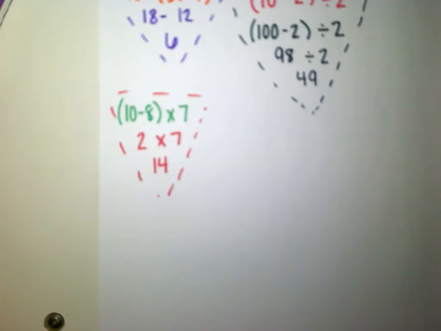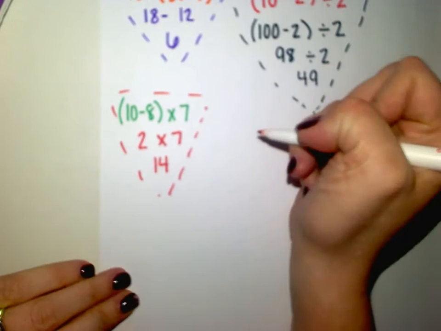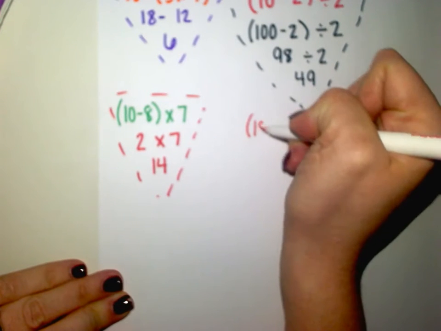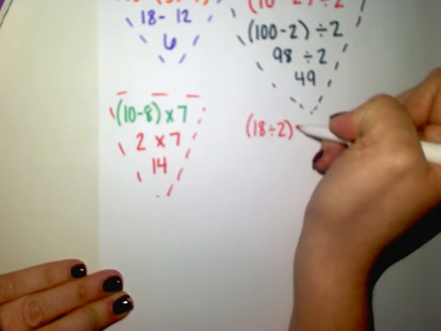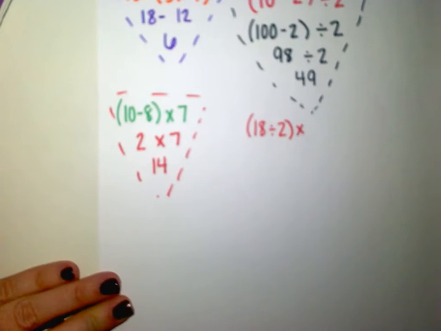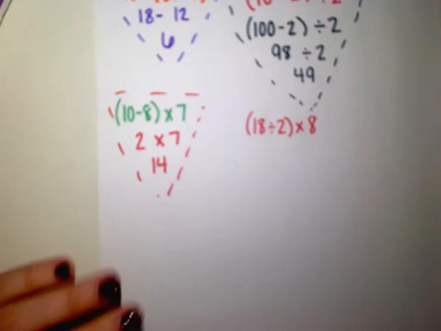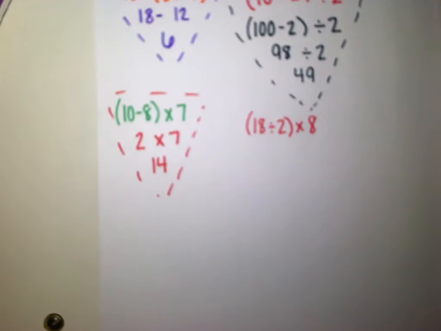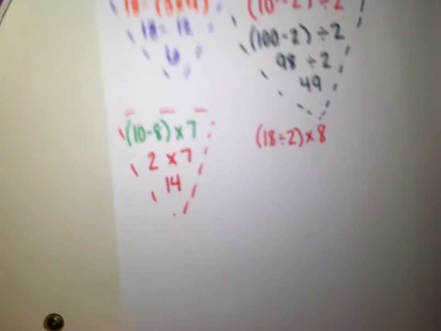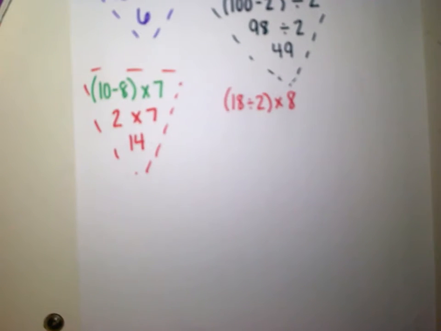Okay, the next one. In parentheses, 18 divided by 2, times 8.